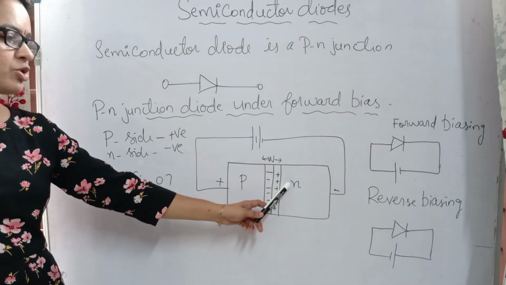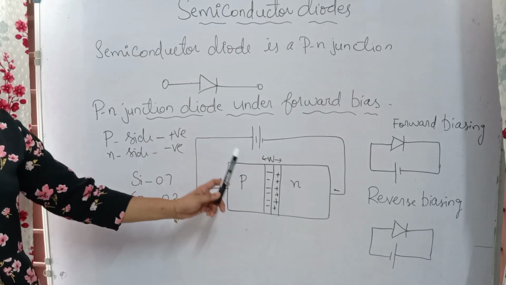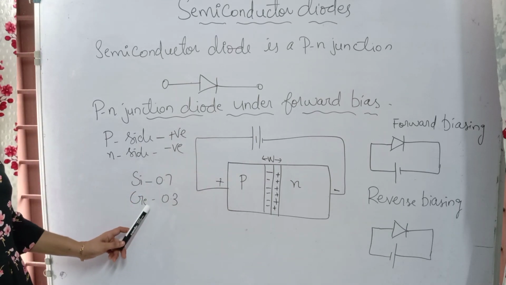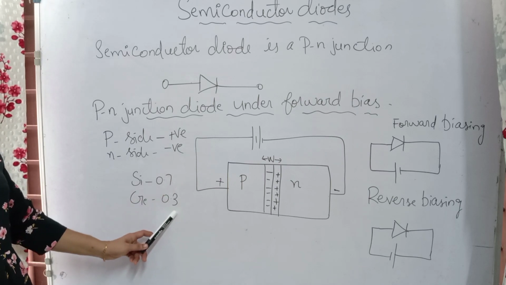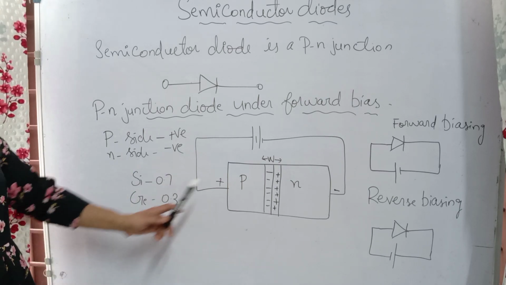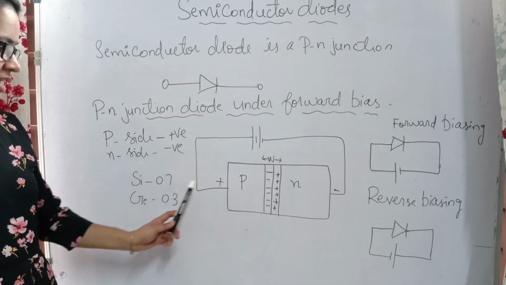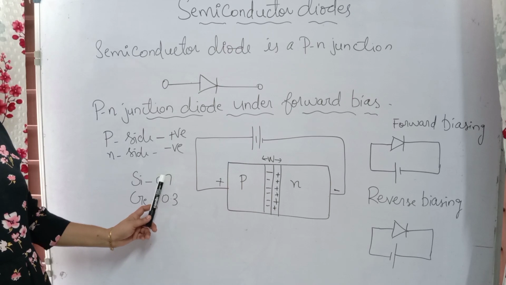This will be able to cross this barrier. Okay, so in the case of silicon we have to take more than 0.7. If we are taking germanium, it should be more than 0.3 only, or more than 0.2. It's like that.